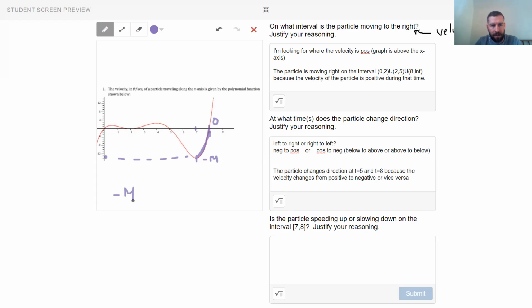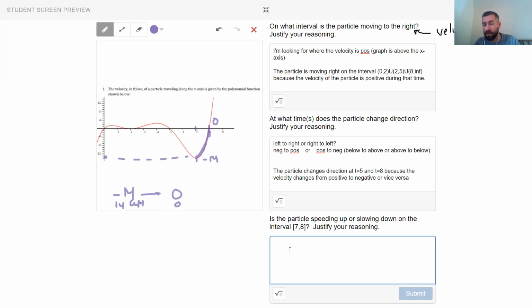So let me ask you this. Which is faster, negative 14 or 0? Now I know that negative 14 is smaller. But remember that the velocity tells us the speed plus the direction. So this is really just going 14, but it's going 14 to the left. And this one is going 0. That's no movement. So we're going from basically some speed to no speed.